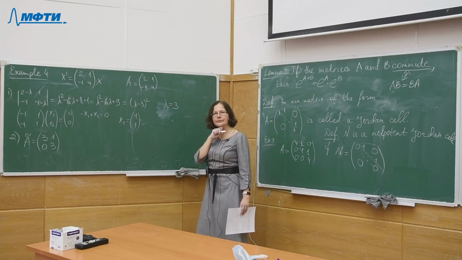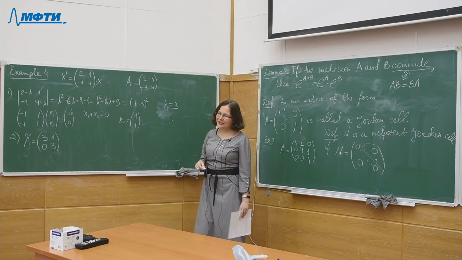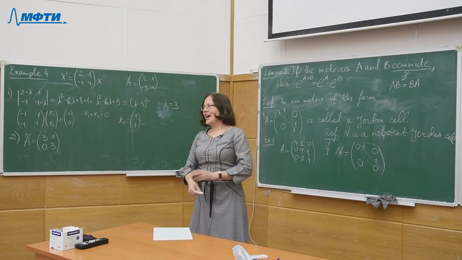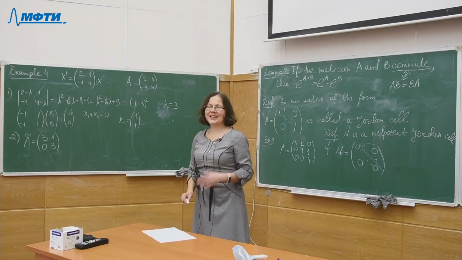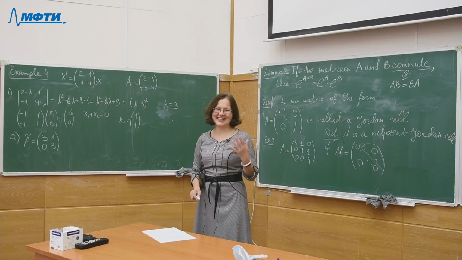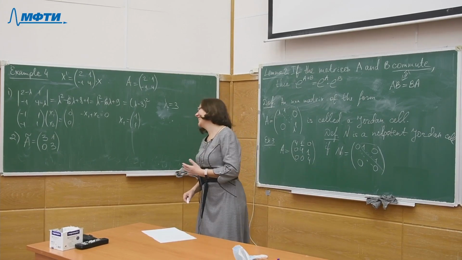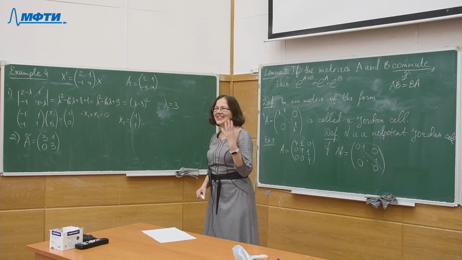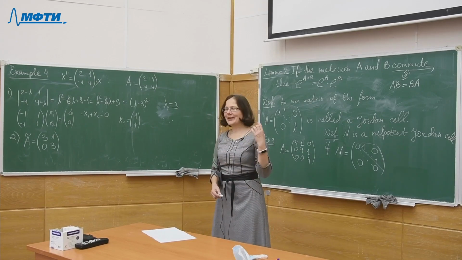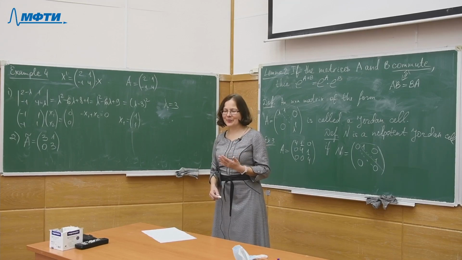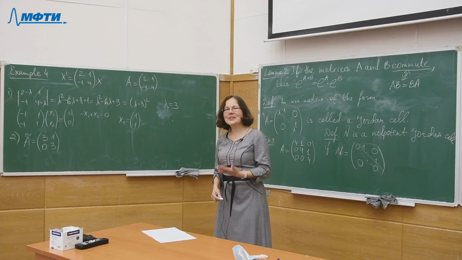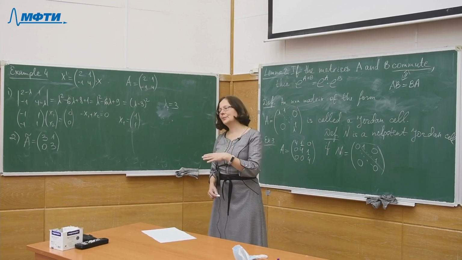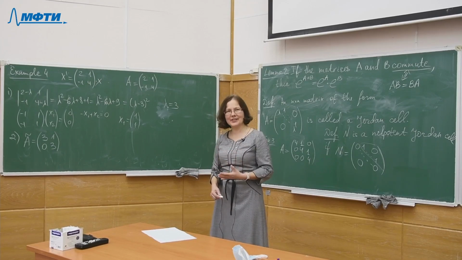Okay, so this is the general theory, and it comes from linear algebra, but we had no time to discuss this during linear algebra. There is a general situation when a matrix in some appropriate basis can be represented by Jordan cells, a finite number of Jordan cells.